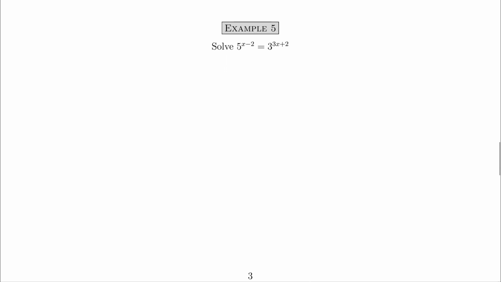With example 5, we're going to do the same steps. This is going to be a little bit more in depth and involved than the previous examples, but the process is the same. If we take the natural log of both sides, I'm actually just going to go ahead and bring the exponents down because we're familiar with that step now.